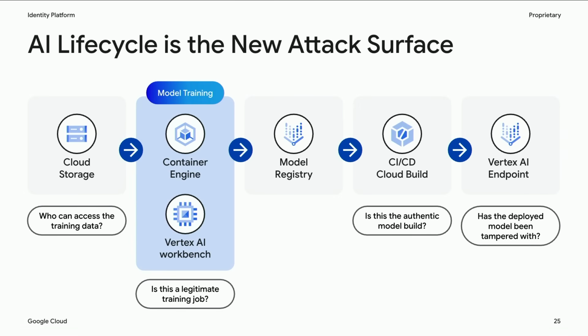Across every stage, inadequate security controls, especially robust identity management, leave organizations vulnerable to data poisoning, model theft, and tampering attacks. As an industry, we are rapidly moving past the era where using a single static service account with broad permissions was acceptable across this entire chain. So, how do you think Google Cloud identity solutions can help you tackle this problem?